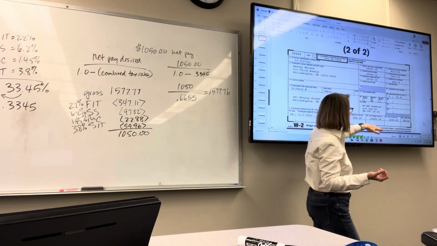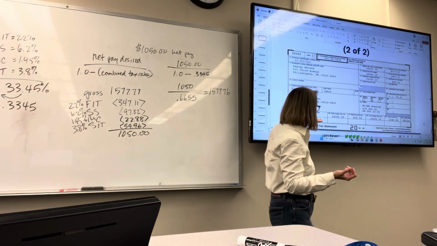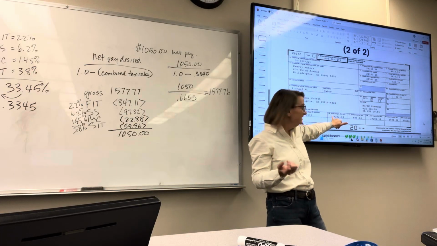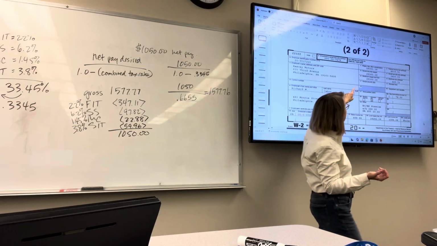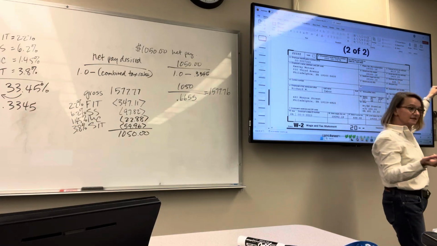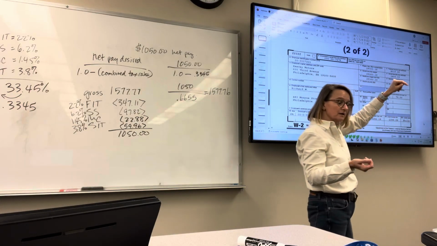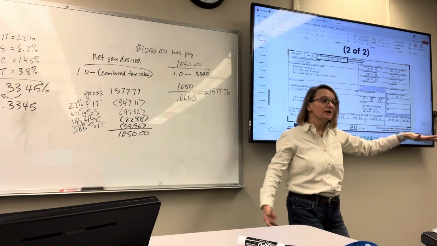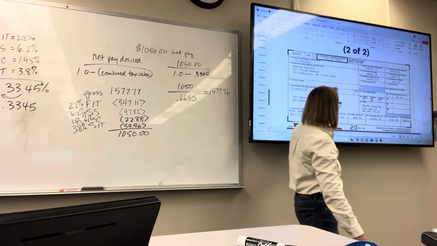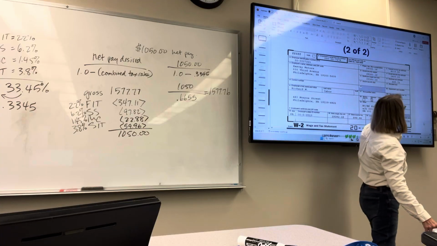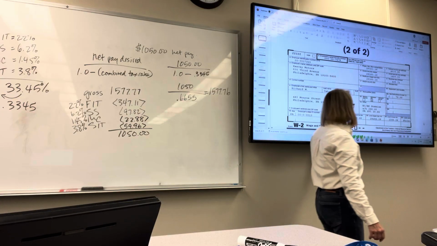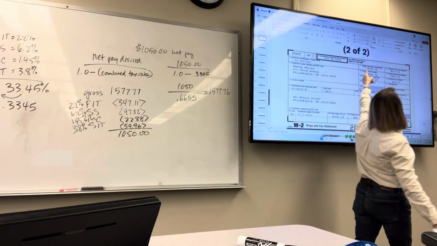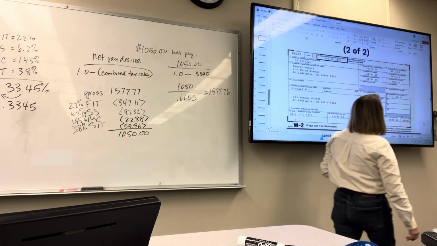Now, down here is the state information, and they did make that adjustment on the state side in this example. So if you see 292,360.18 for taxable federal wages and 292,282 for state wages, that means they subtracted this 78 from here, and that's how much is taxable for state purposes. It really should be the same. Those two should be the same.